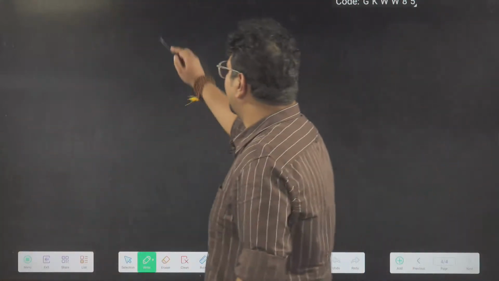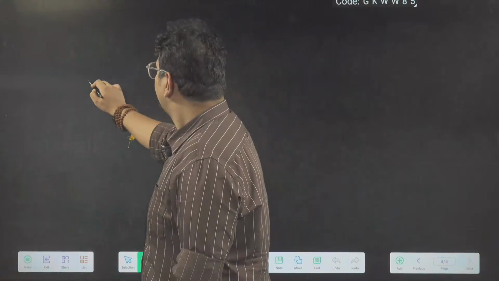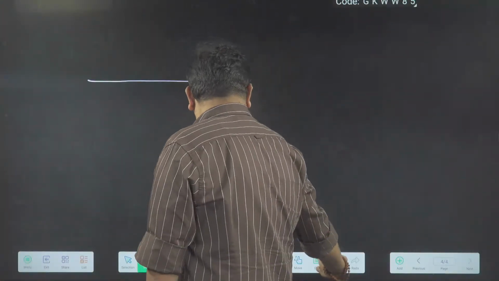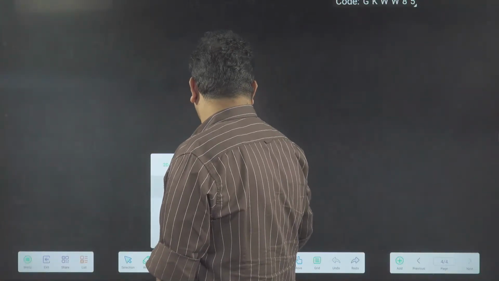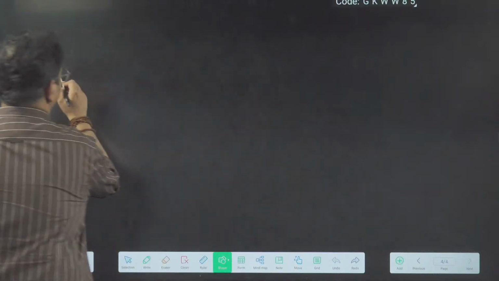Let's study about deflection. Imagine these are cathode rays.